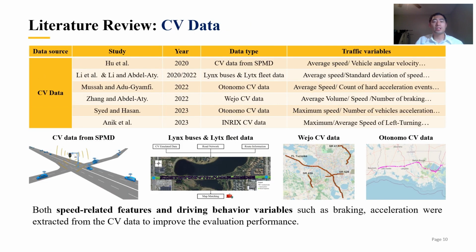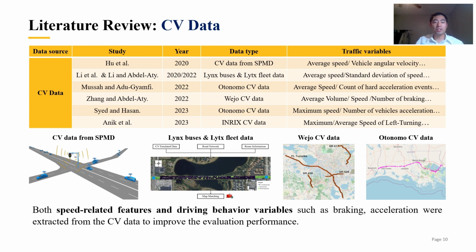Another important data is the CV data. There are 6 studies about that. The CV data are all collected from some CV data companies, for example, such as Wejo, Autonomo, and INRIX.